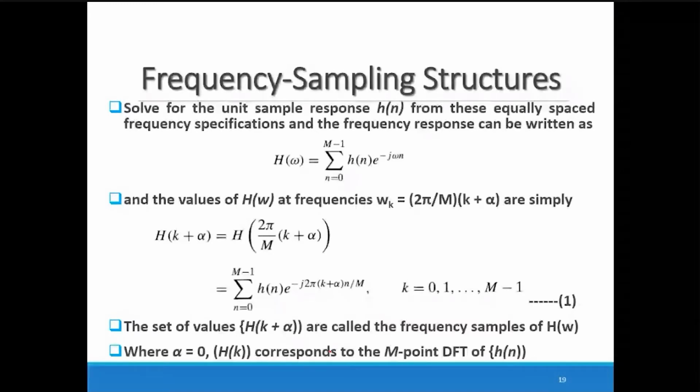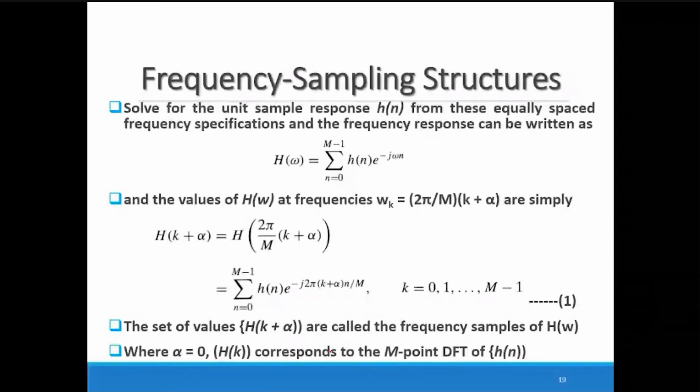The frequency response can be written as, this is the general equation of the frequency response, H of omega is equal to sigma n equal to 0 to m minus 1, h of n into e raised to minus j omega n. Suppose we are taking m number of points. This is nothing but applying the unit sample response as input and obtaining the frequency response.